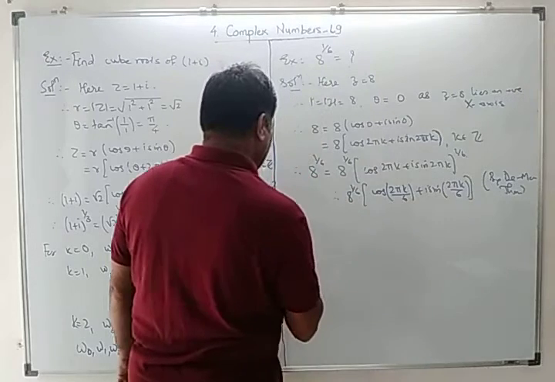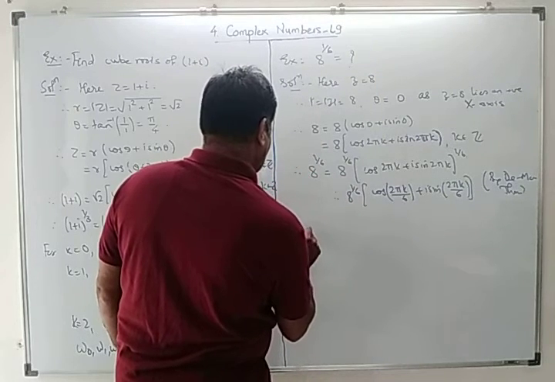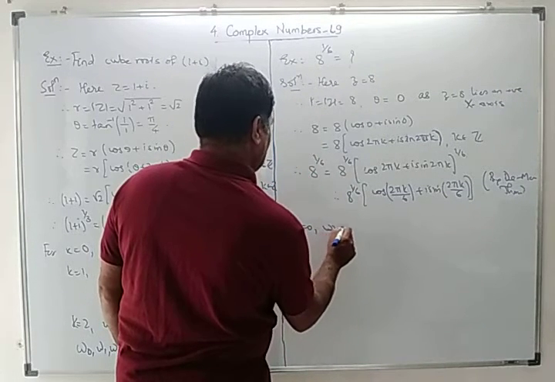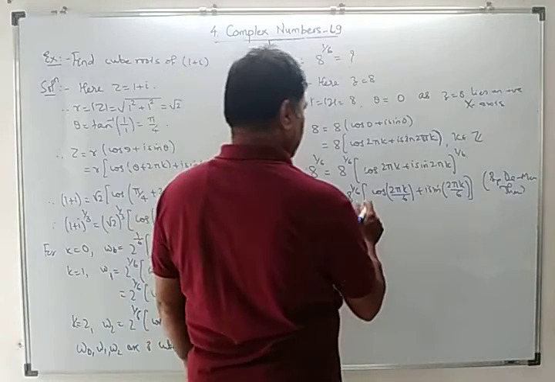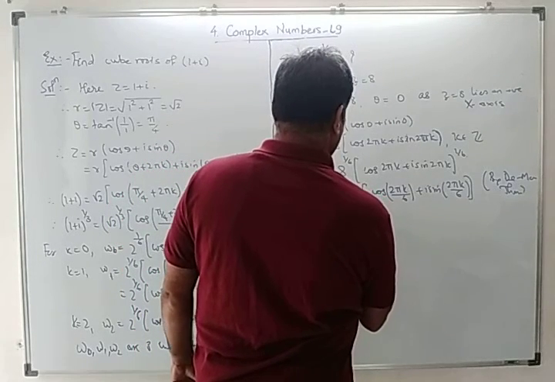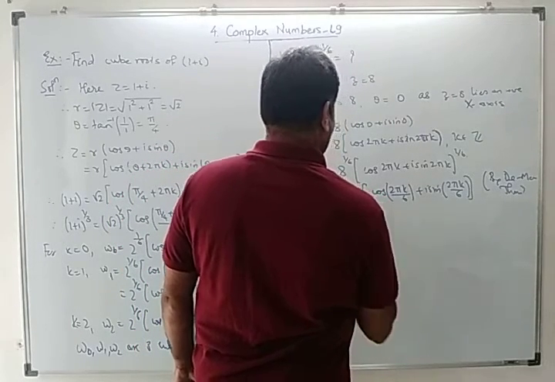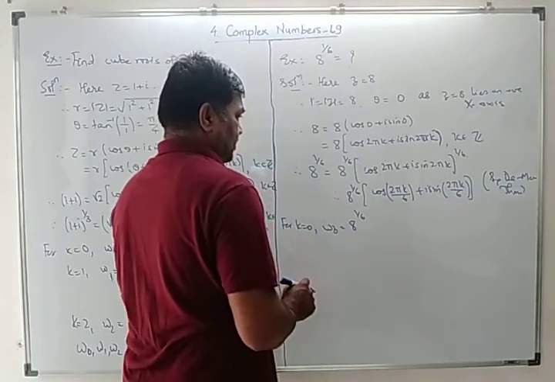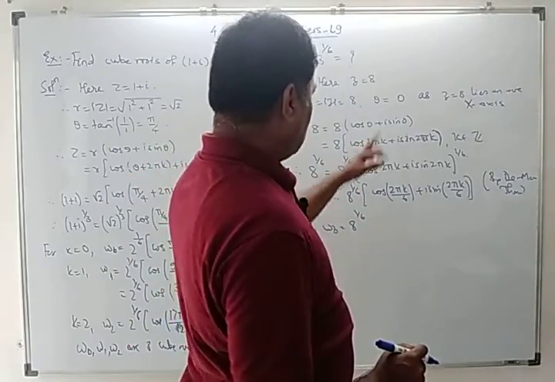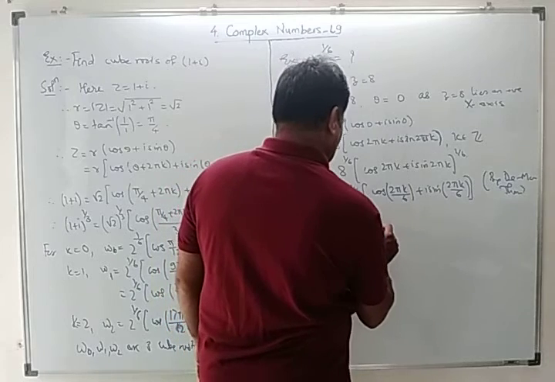For k equal to 0, W0 is equal to 8 raised to 1 by 6 into cos 0 plus i sin 0.